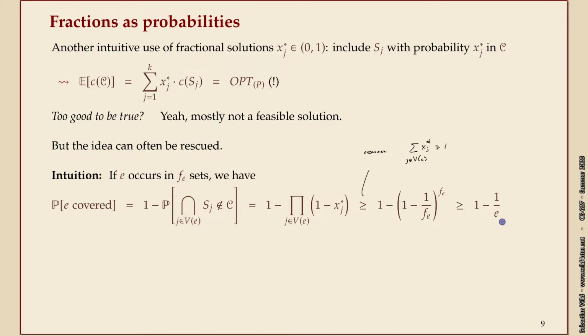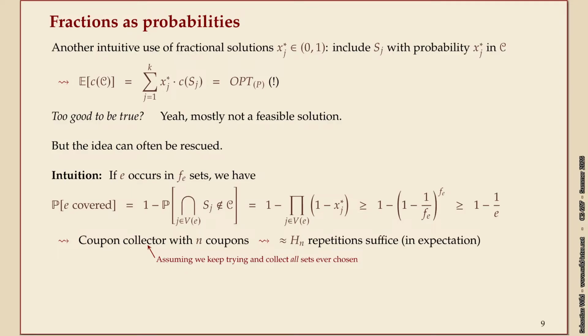So you can lower bound the probability that a specific element is not covered, if you just pick a random set cover candidate like this, by at least some constant. It's not with high probability or anything, but it's also not zero.